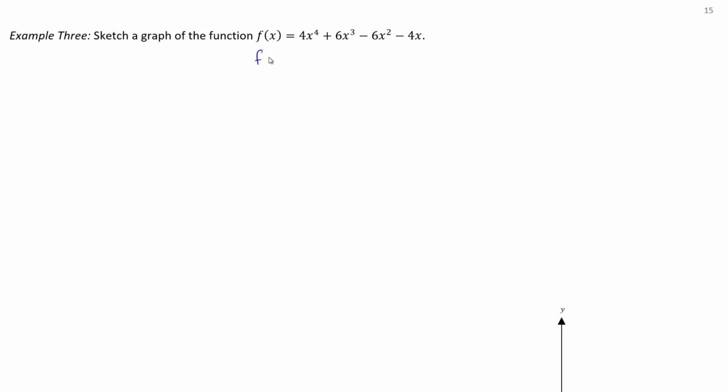So I'm just going to simplify things. Okay, 2x, and then I would get 2x cubed plus 3x squared minus 3x minus 2.